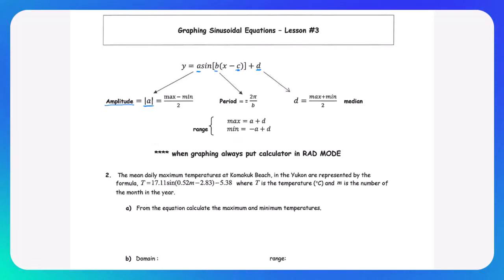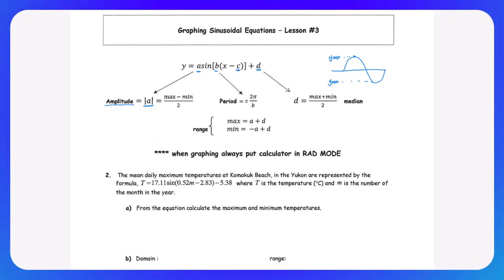And we know the maximum and minimum of a sinusoidal function come from the y-coordinate of the maximum and minimum points. So we are looking for the y-max and the y-min. That's what that max and min refers to.